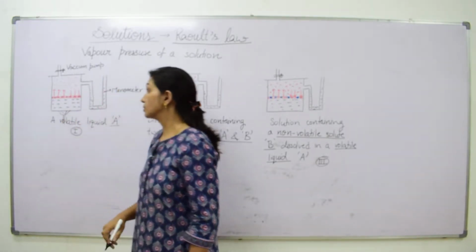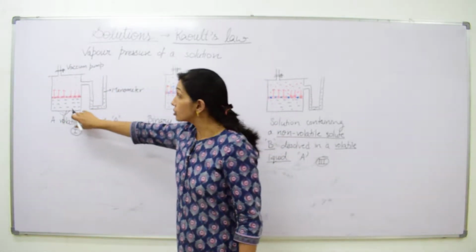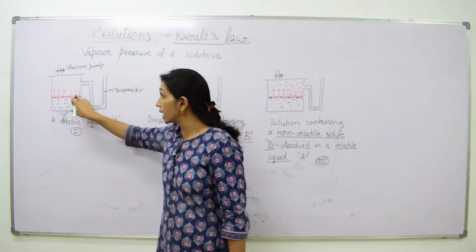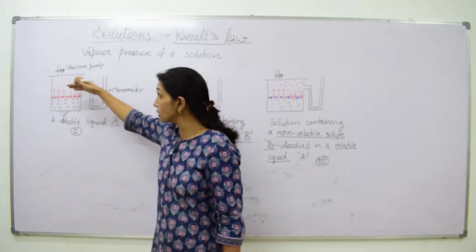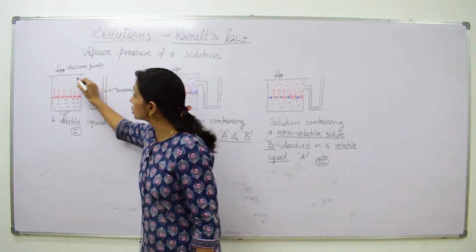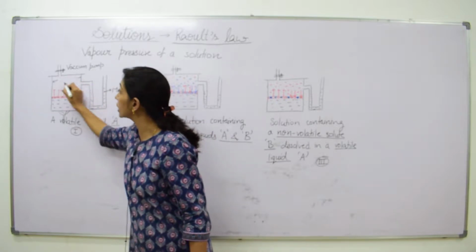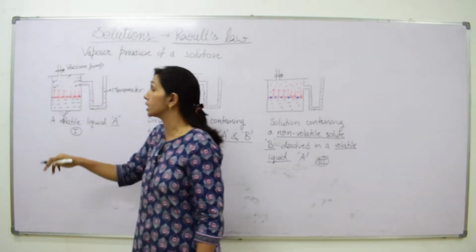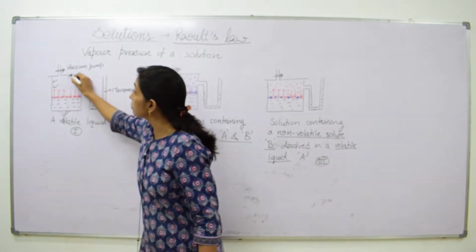On heating, the liquid particles present at the surface leave the surface and change into vapor. Now, these vapor particles move here and there, striking the wall of the container and exerting pressure.